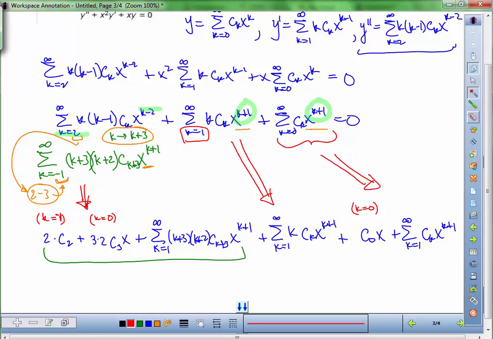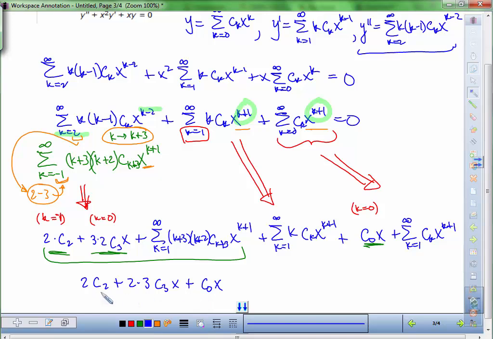So what do we have? We have some loose terms that are outside of any of the summations. So we have 2c2 plus 2 times 3 c3 times x plus c sub 0 times x. So these are all the loose terms that are on the outside.